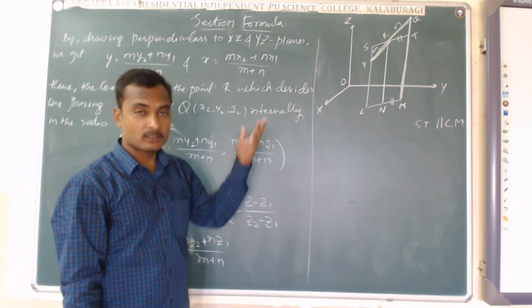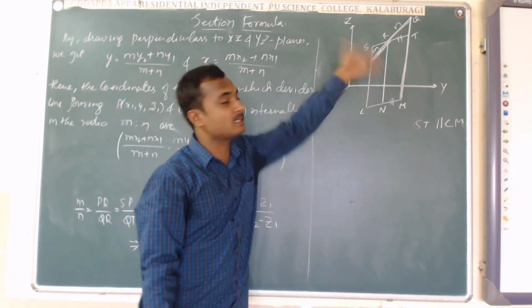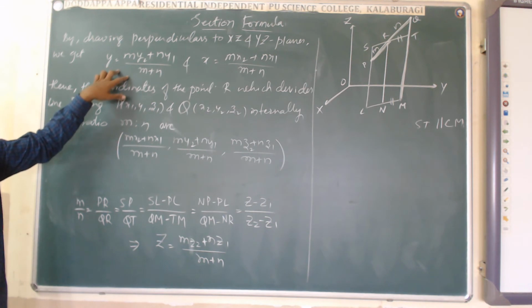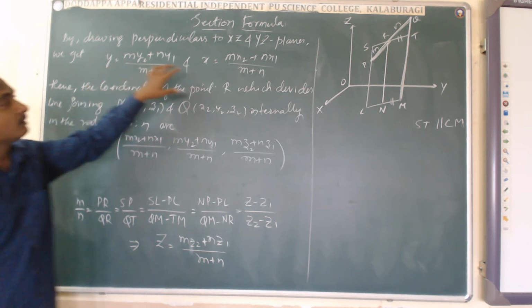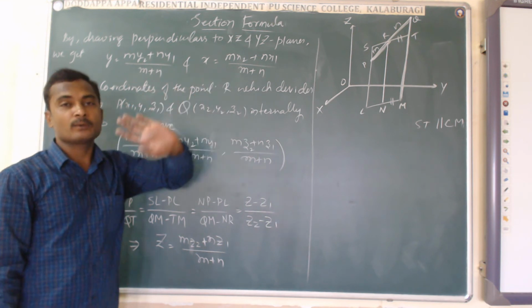similarly, by drawing the same lines perpendicular to the XZ plane and the YZ plane, we are going to get Y equals MY2 plus NY1 by M plus N, X equals MX2 plus NX1 by M plus N. So we get the Y and X coordinates.